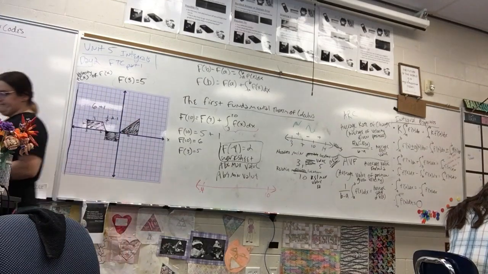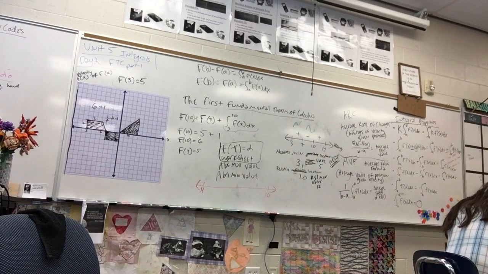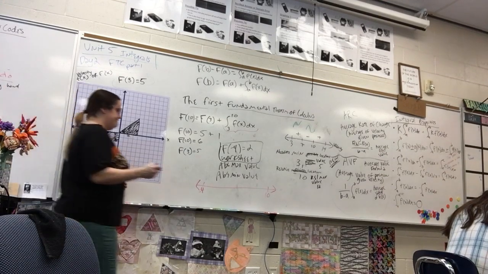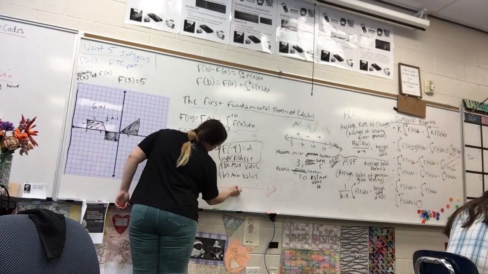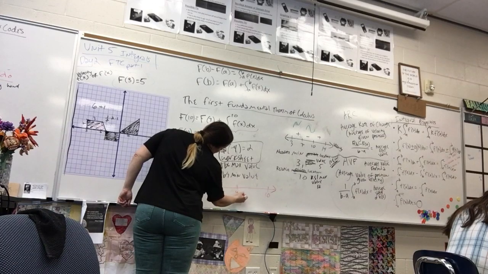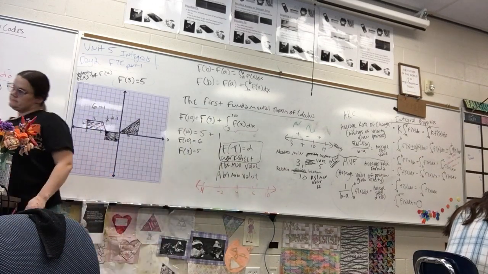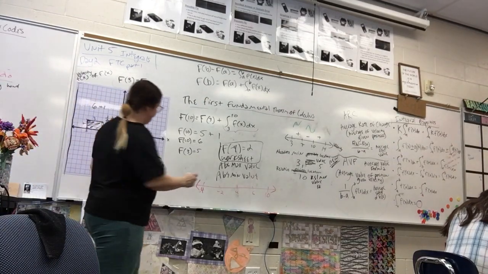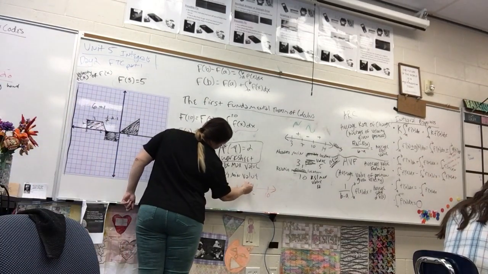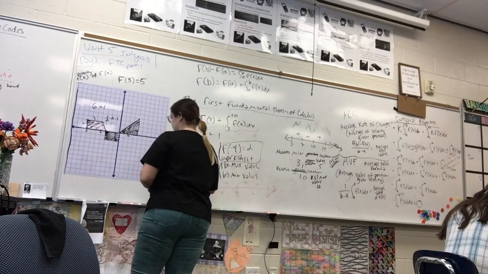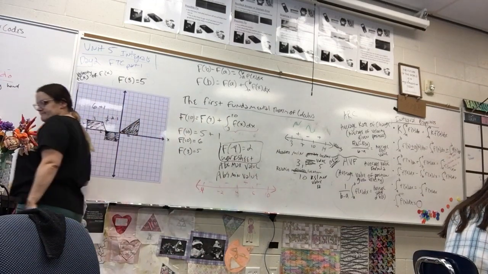Okay, so we got 0, that's 2, bounce. Negative 4 equals 2. No, that's not that. Let's see. Okay, we want to find absolute max and absolute min.